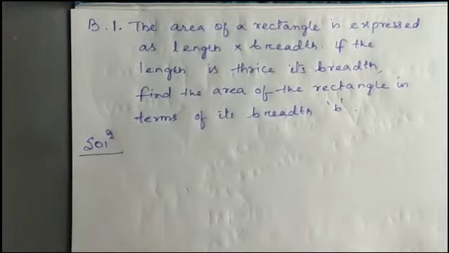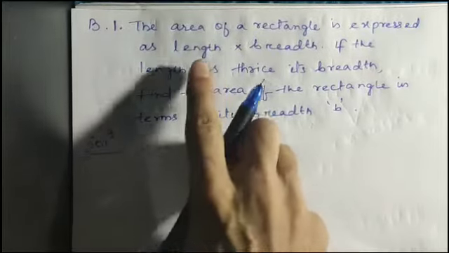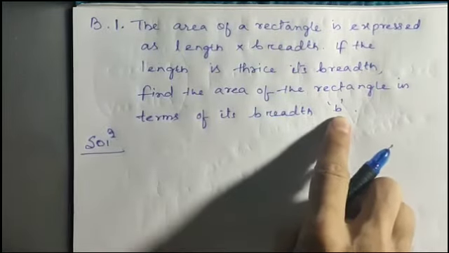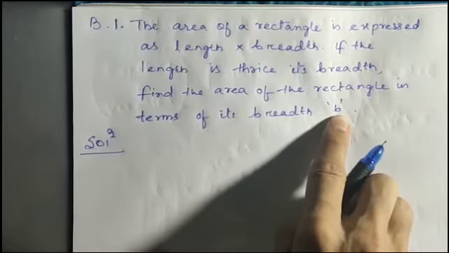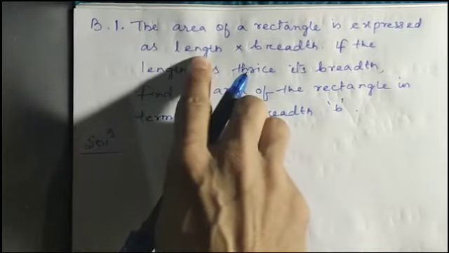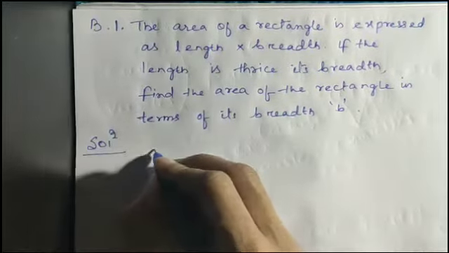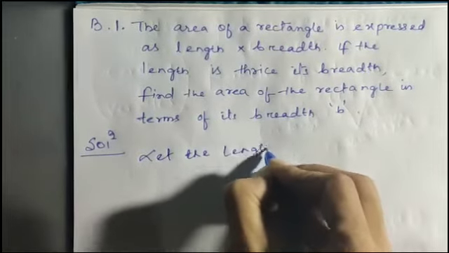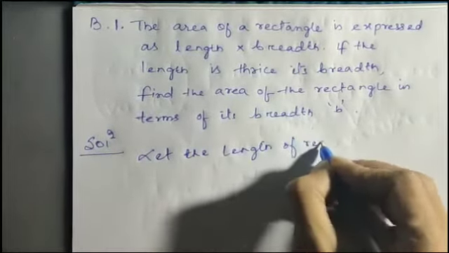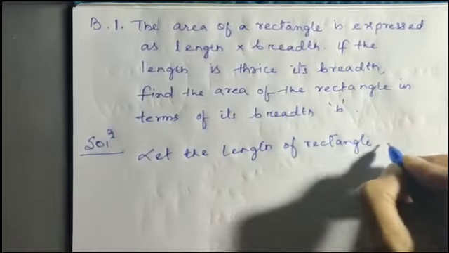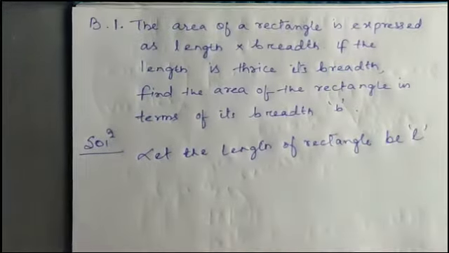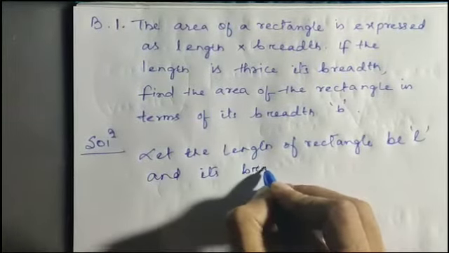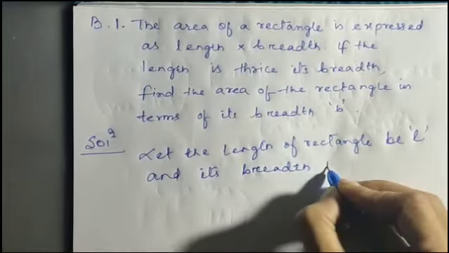Now you can see in the notes what we have done. We have taken a variable for length and a variable for breadth. Since the variable for breadth is b, we will take a variable for length. You can take anything. Let the length of the rectangle be L, and its breadth is b.